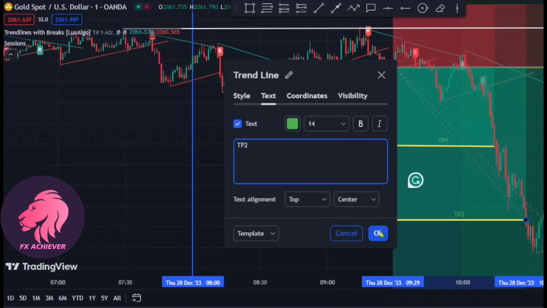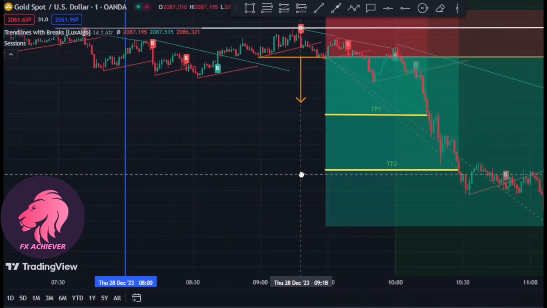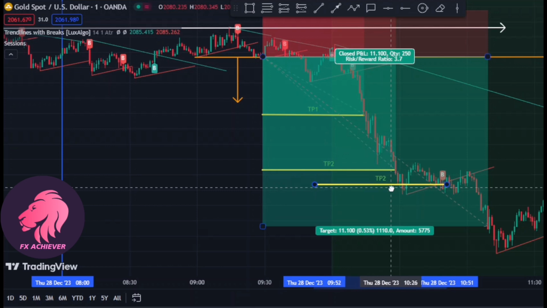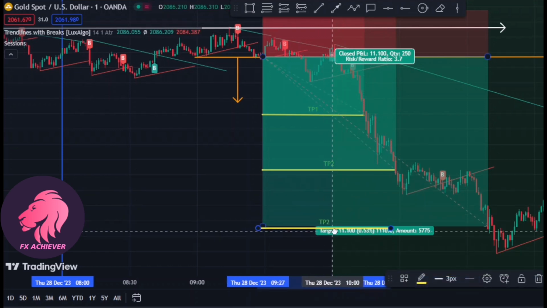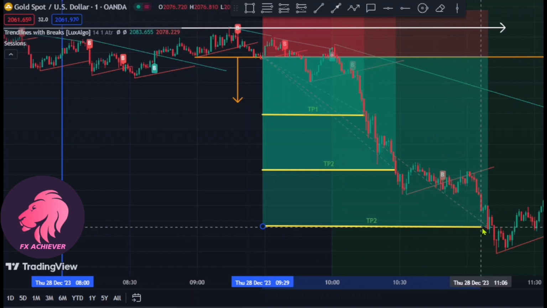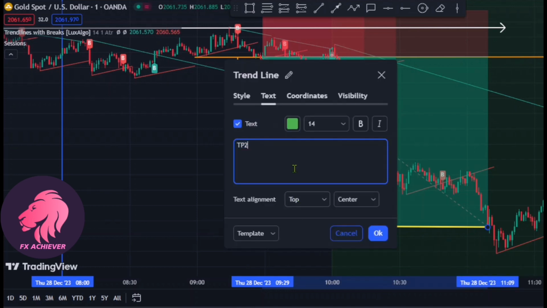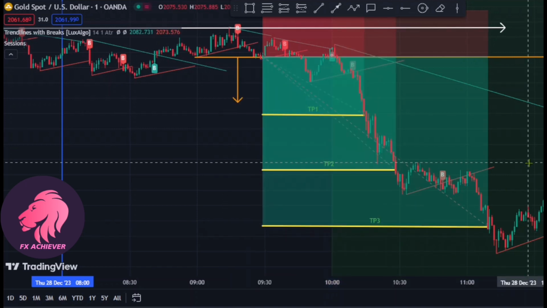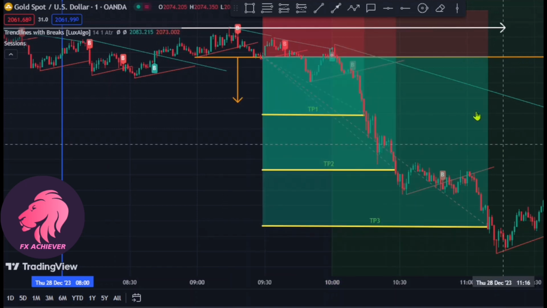TP2 was hit successfully, and position number 3 was for TP3. As you can see, TP3 was also hit successfully. So according to my rule, if the first trade is successful, then it means I should stop trading for the day.